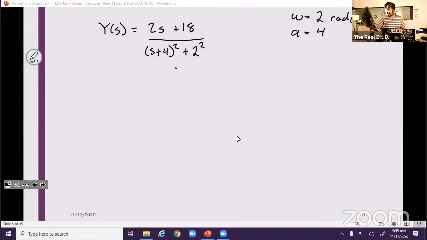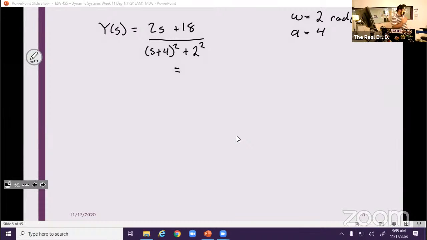So this whole thing, well, I know that this is going to be a sinusoidally damped response, but I don't know how much of it is going to be due to sine and how much of it is going to be due to cosine. And because we have two roots, we're going to have to solve for two constants. Okay.